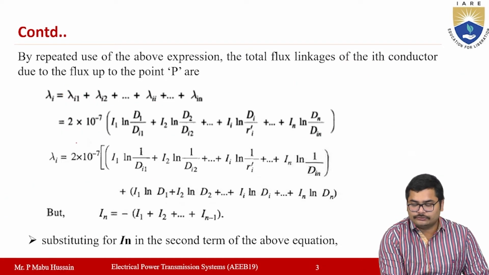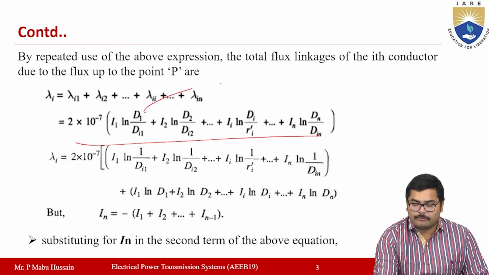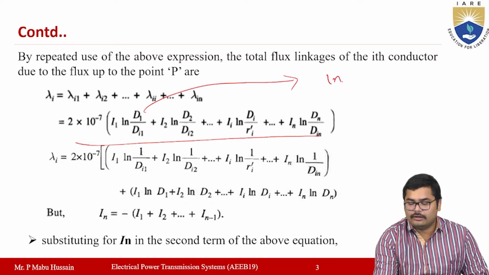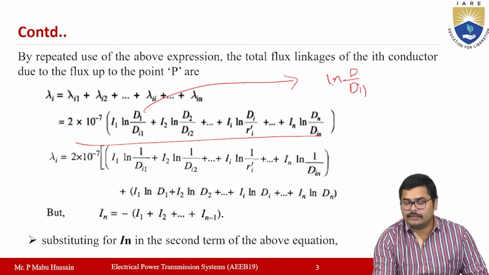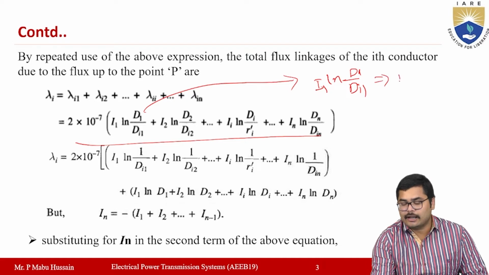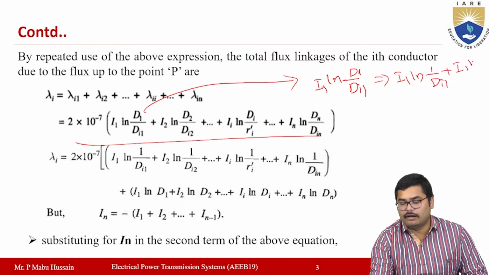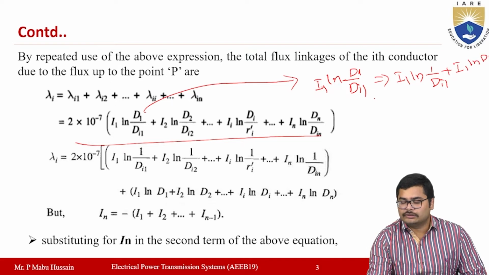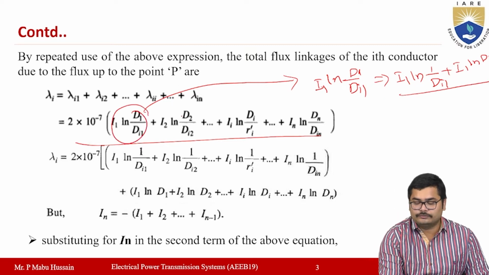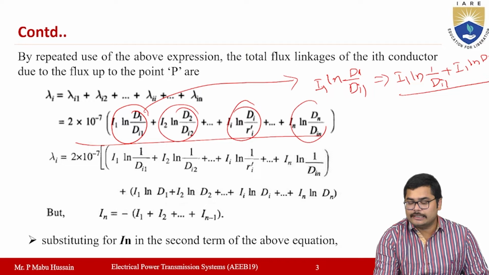Now after getting this equation, take the first term, ln d1 by di1. The first term I1 into ln d1 by di1 can be written as I1 ln 1 by di1 plus I1 ln d1. Like this you can expand each term in this equation.